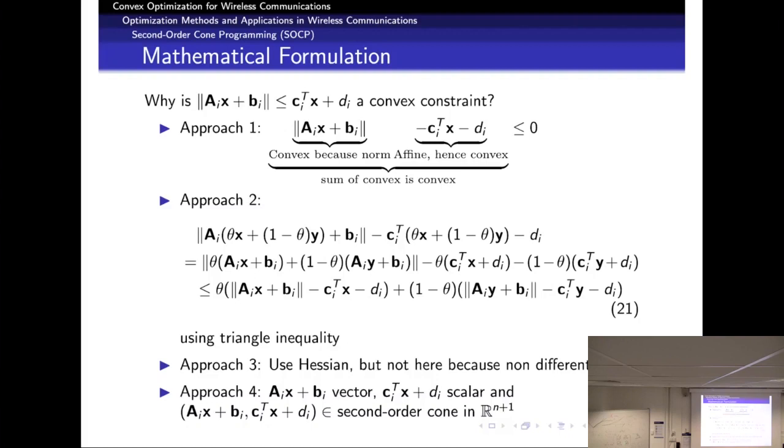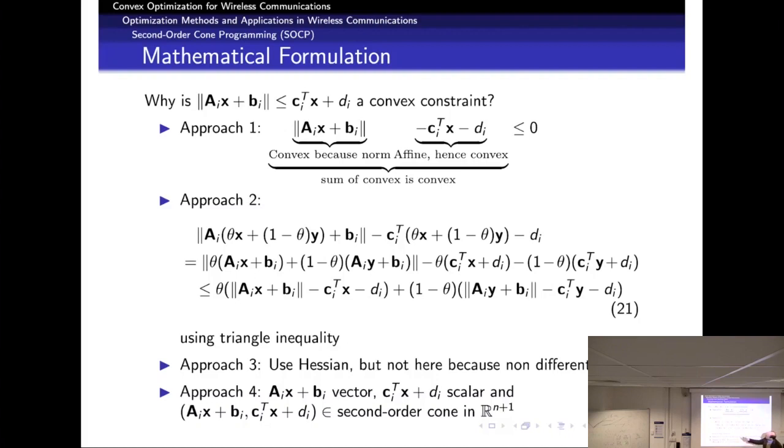What I want to show, from the original definition, is that if this is my function, then at any point in between, the function will be smaller than the chord. How can you show that? I plug in this middle point between x and y. I take x, I take a point between x and y, and I evaluate this function at this point. Nothing special here.